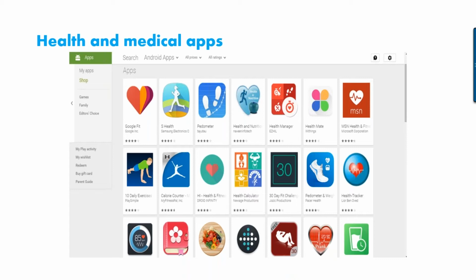So that really is a really important issue about how patients can find the best apps and which apps should be recommended by healthcare providers to healthcare consumers.